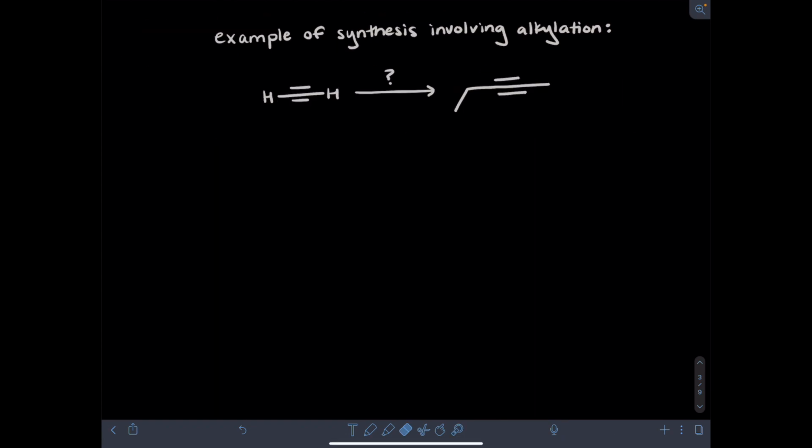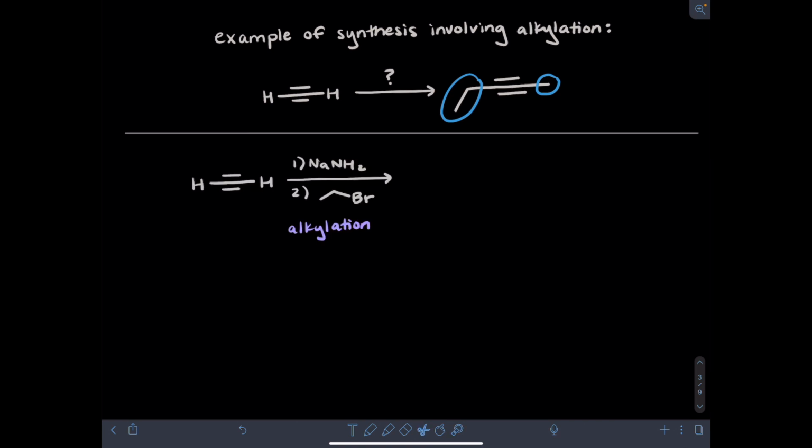Here's an example of a synthesis problem involving alkylation. I'm starting out with acetylene, C2H2, and the final product is a 5-carbon alkyne. To the original alkyne carbons, I've added an ethyl group on the left and a methyl group on the right. To install these 2 different groups, I'm going to need 2 different alkylation steps.